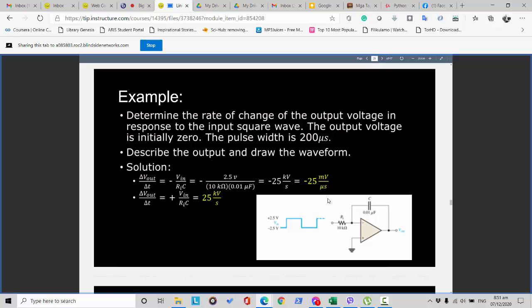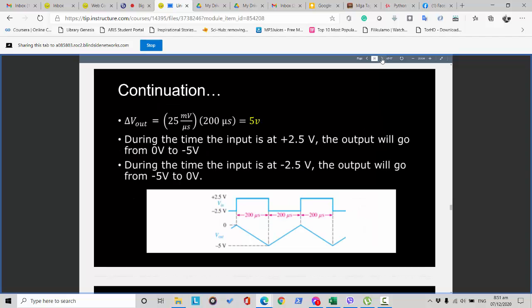Okay, so that will be the solution in determining the rate of change of the output voltage in response to the input square wave, which is 2.5 positive and 2.5 negative voltage.